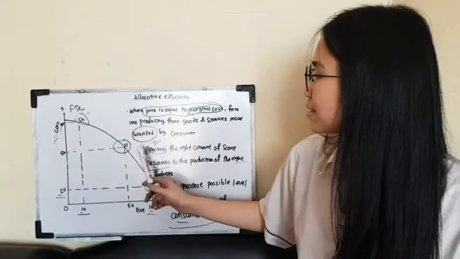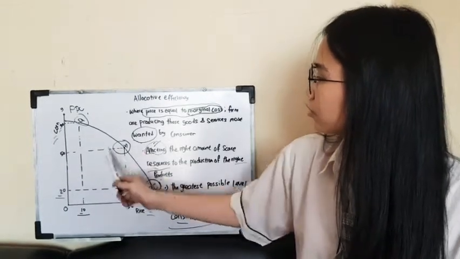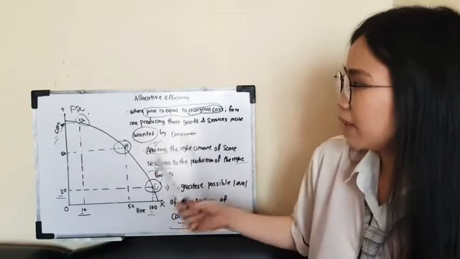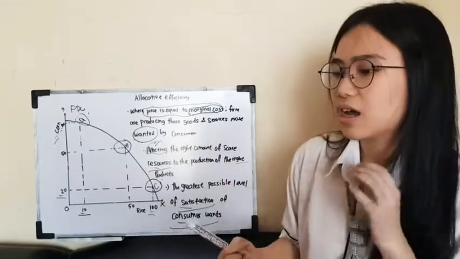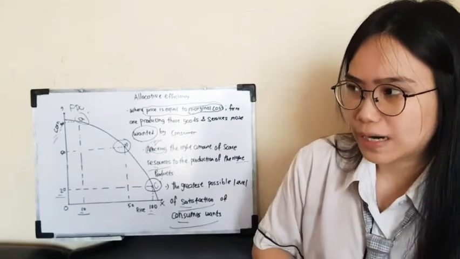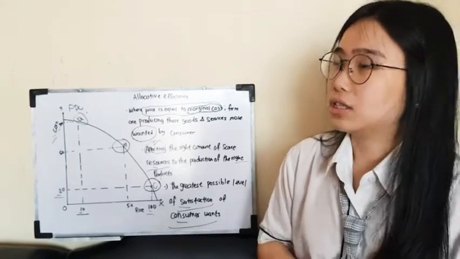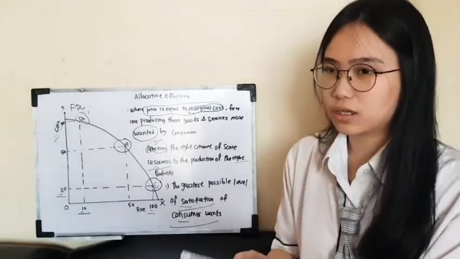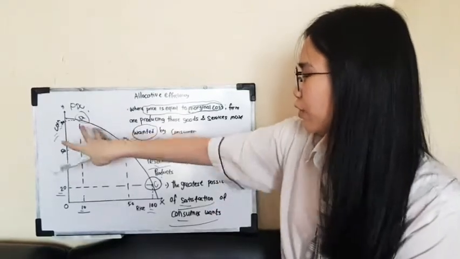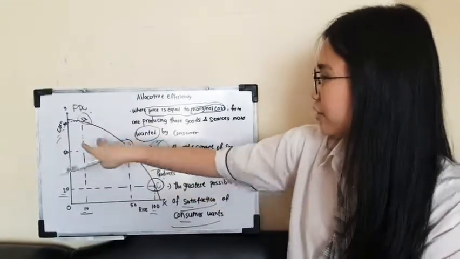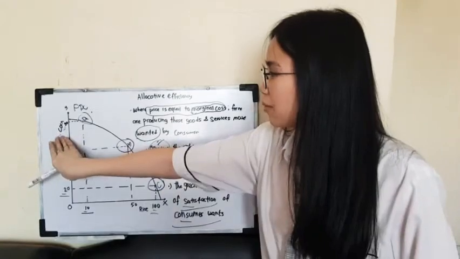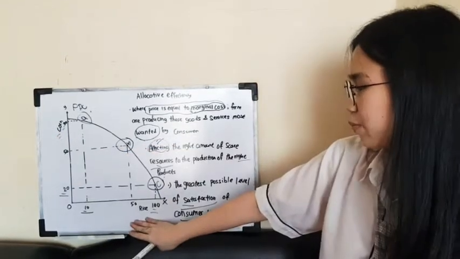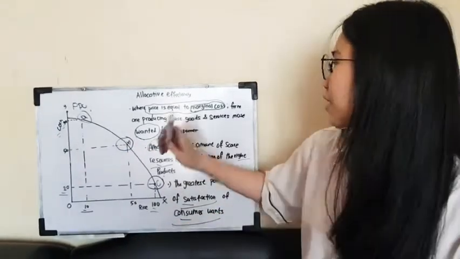So we cannot just put our resources randomly as long as the price or cost is low, or as long as we use the least amount of resources. But it is also very important for us to allocate the resources. Where should we put them? How much should we put in corn and how much should we put in rice? It is very important in allocative efficiency.